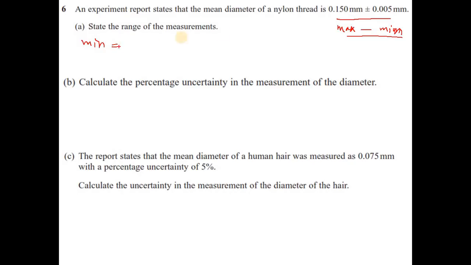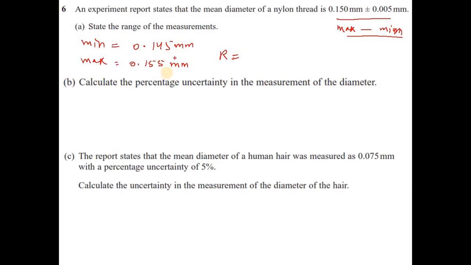So the minimum value will be equal to 0.150 minus 0.005. It will give you 0.145 millimeter, and the maximum value is 0.150 plus 0.005, so 0.155 millimeter, and the range is the difference of the two values.